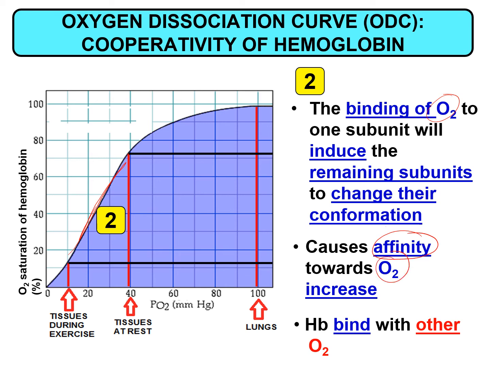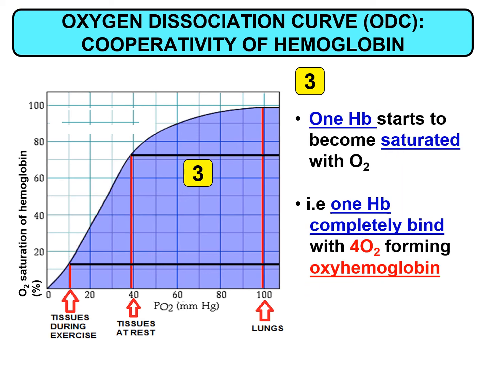So the more hemoglobin, more of the subunits will bind to oxygen. One hemoglobin starts to become saturated with oxygen. Some are already full, some are not yet, in this area.